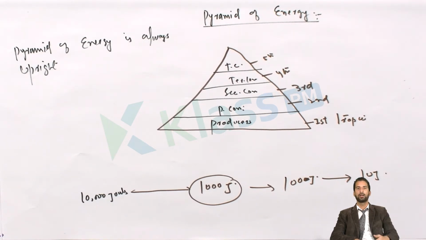And finally, these reducing agents or energy currencies are utilized to fix CO2 molecules in order to produce carbohydrates and other energy sources utilized by the plant. So this is about what autotrophs are and what photosynthesis is.